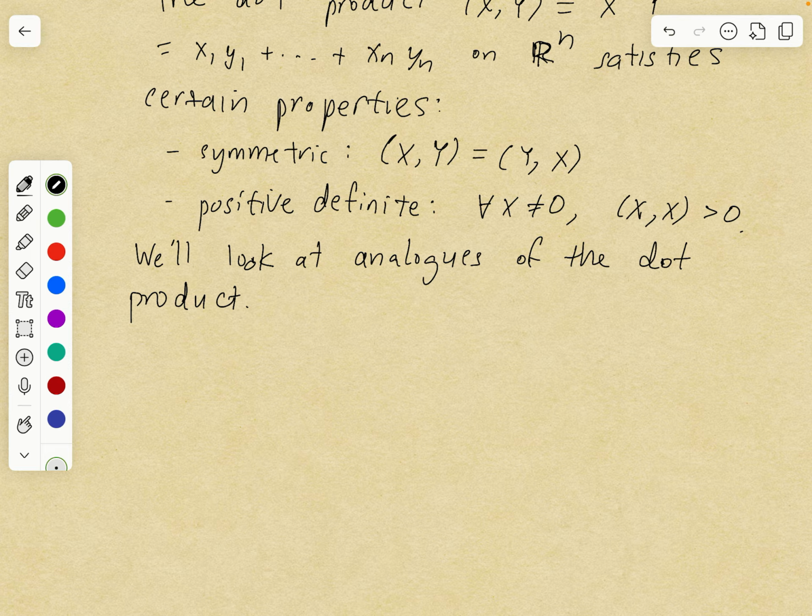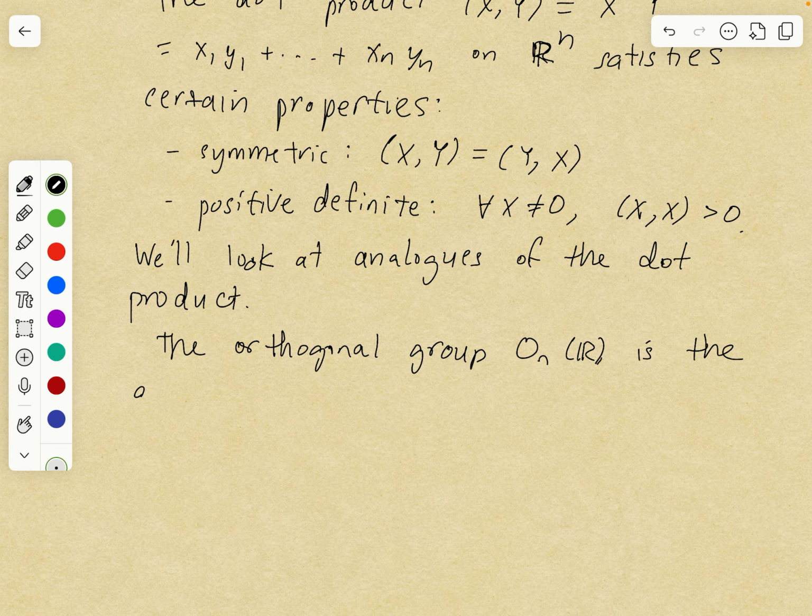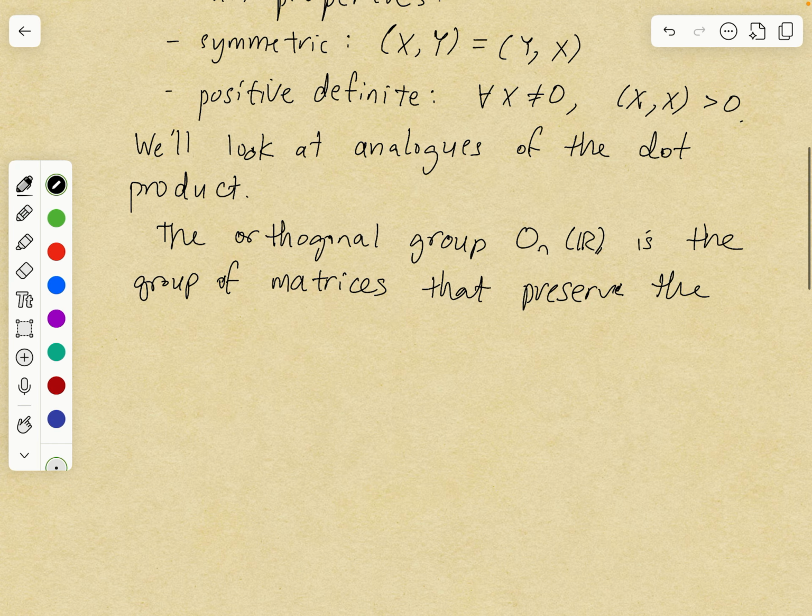But before we get to bilinear forms, let's explain how we can define the typical orthogonal group in terms of the dot product. So the orthogonal group O(n) of R is the group of matrices that preserve the dot product.